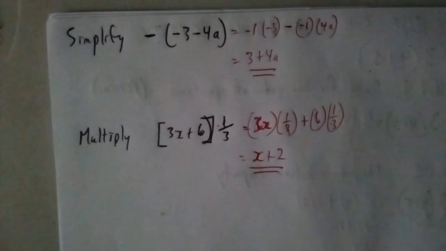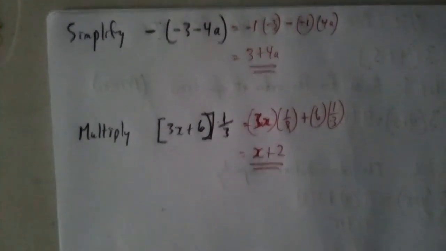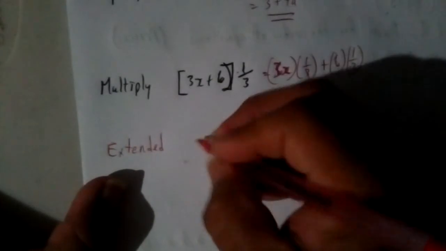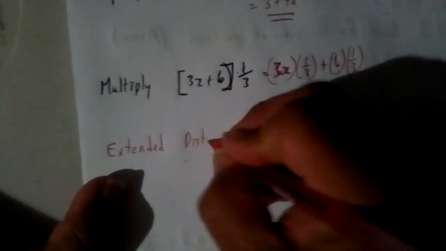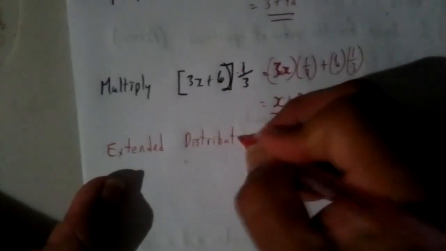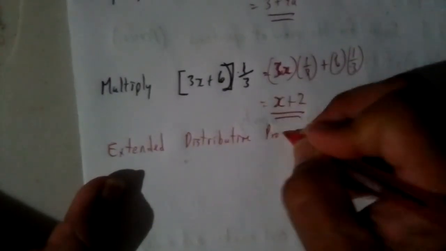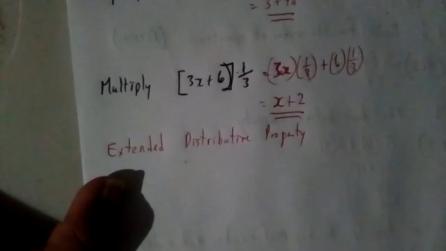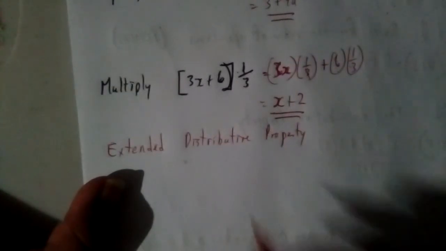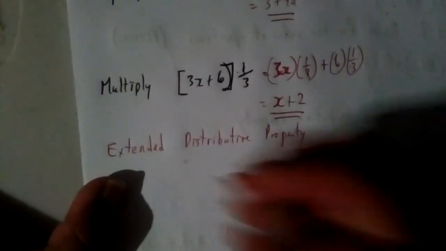Okay, and this brings us to what we call the extended distributive property. All right, so let me write out the extended distributive property in abstract form. The extended distributive property is simply as follows.